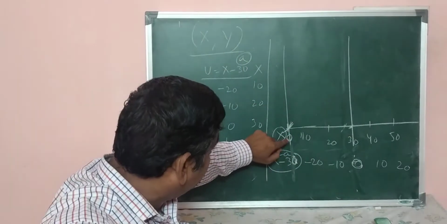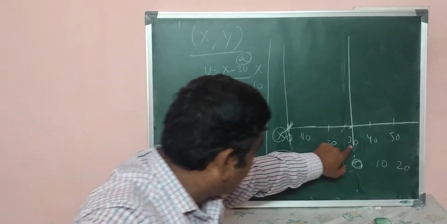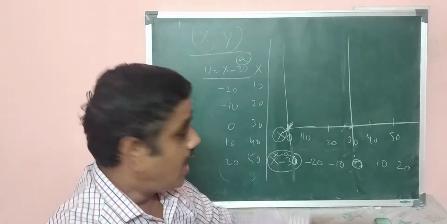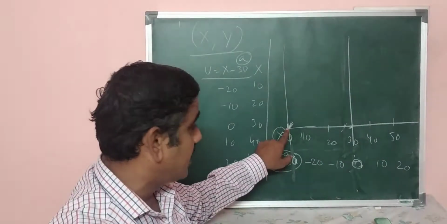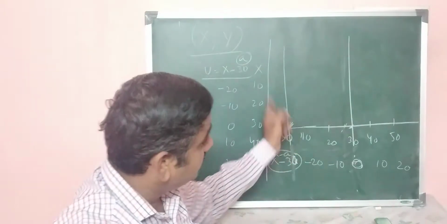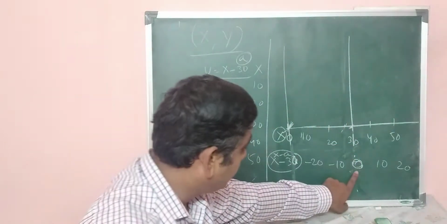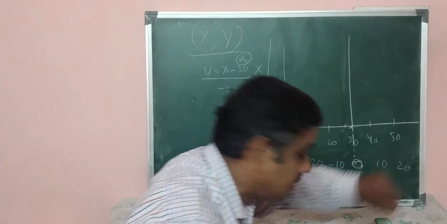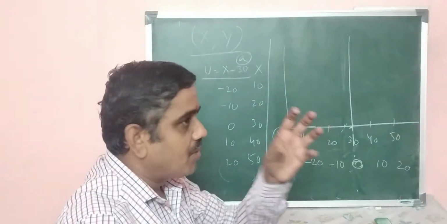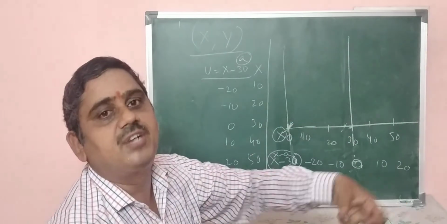Instead of 0, 10, 20, 30, 40, 50, I have considered a particular suitable scale. Originally the origin is here at 0. Now the origin is shifted to 30. You see here, this is minus 30, minus 20, minus 10, 0, 10, 20, etc. If you subtract a value, the origin will be shifted.